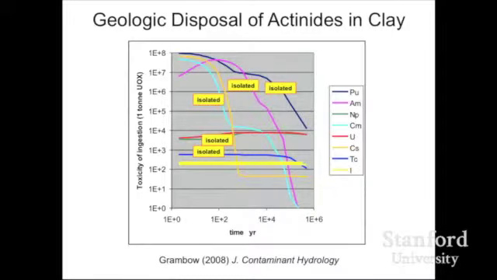However, if we look at the clay deposits, similar type of calculation except for toxicity instead of dose, plutonium, americium, curium, these actinides don't get very far. And so they're labeled as isolated because they decay away before traveling more than just a few meters away from their original site. This is just by way of illustrating that actually the geology counts for a lot.